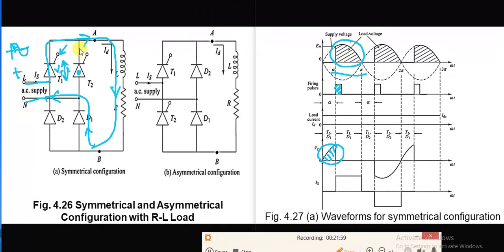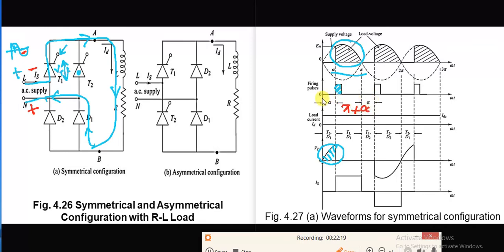During the negative half cycle, L is negative, N is positive. So after a firing angle alpha applied after the time interval pi plus alpha.